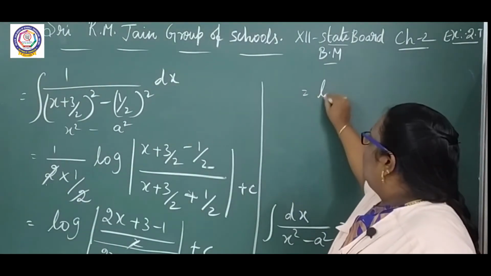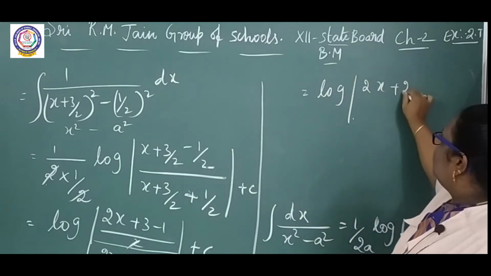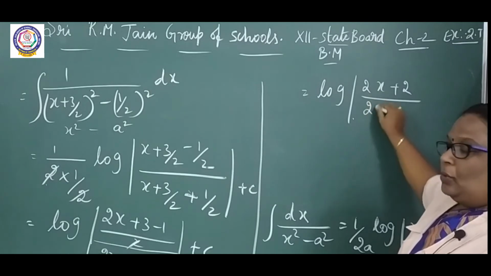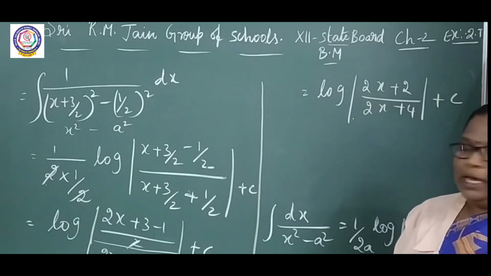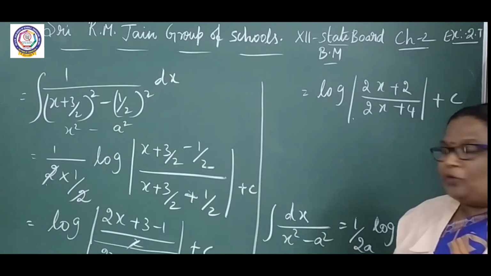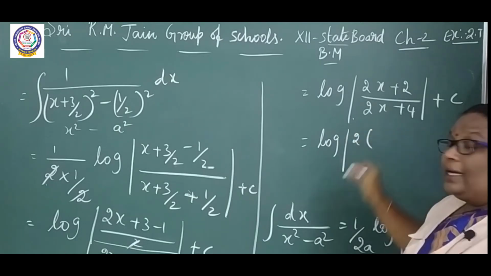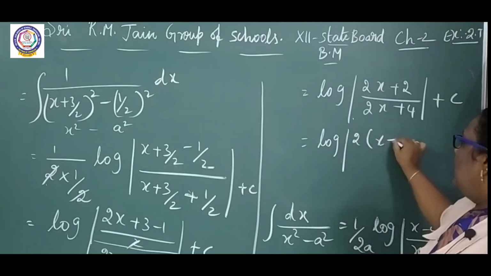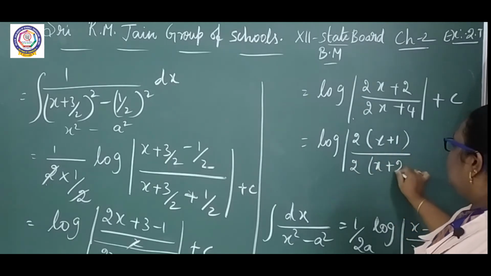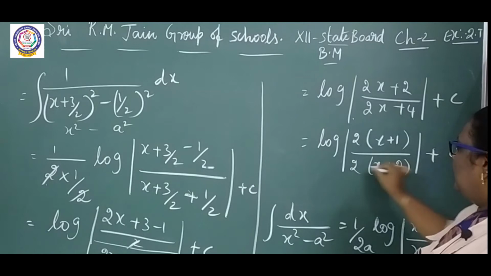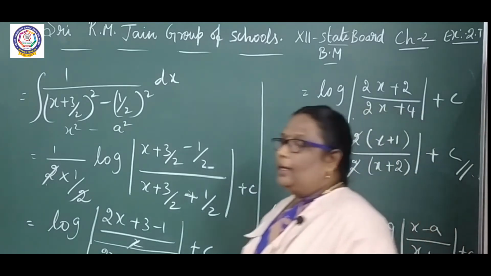It gives log of modulus of 2x plus 2 by 2x plus 4 plus c. You can take 2 out, so x plus 1 by 2 into x plus 2 plus c. The 2s get cancelled. So this is the answer for this sum.